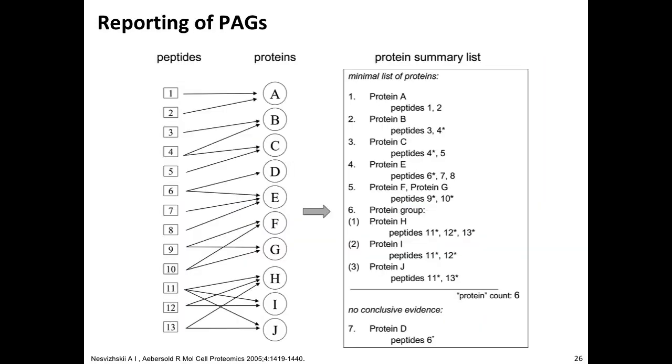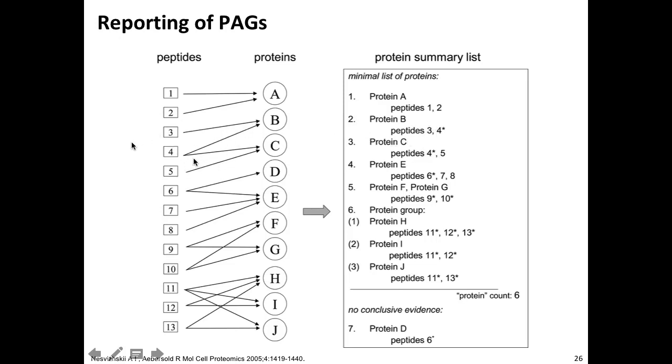So what you usually get out of these protein inference algorithms is something like this. You have a bunch of peptides and a bunch of proteins. And then they are reported like this, where you have protein A that is identified through peptides 1 and 2, protein B through peptides 3 and 4.